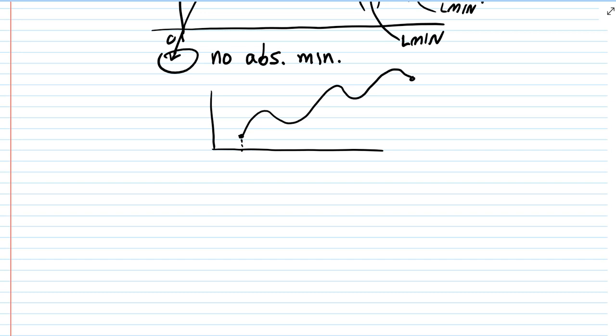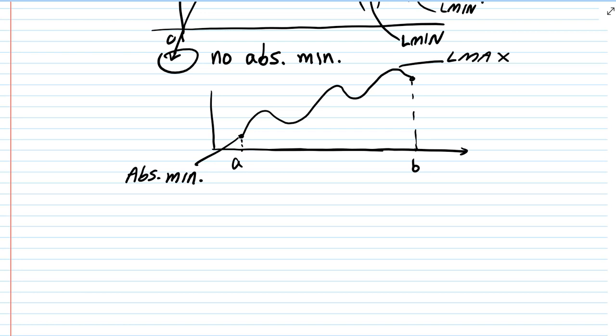This time I have a closed interval, and suppose that is the domain, the interval I. At this point I have a local minimum, I'm sorry, this would be an absolute minimum, and this point looks like the highest point on the graph. That would be the absolute max, correct?